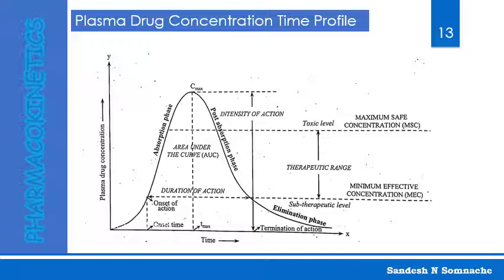Then the maximum plasma drug concentration achieved is called the peak plasma concentration or Cmax, and the time required to achieve this Cmax or peak plasma concentration is called Tmax.